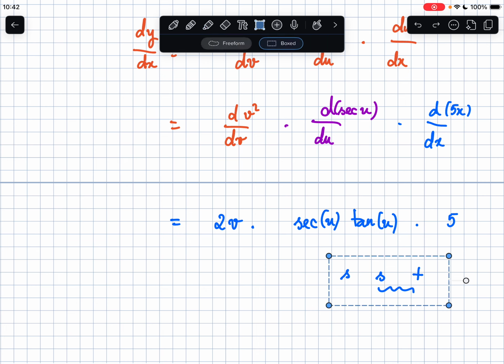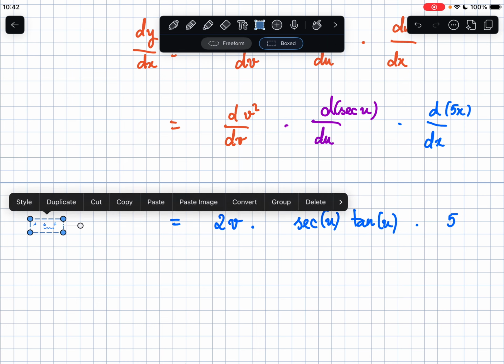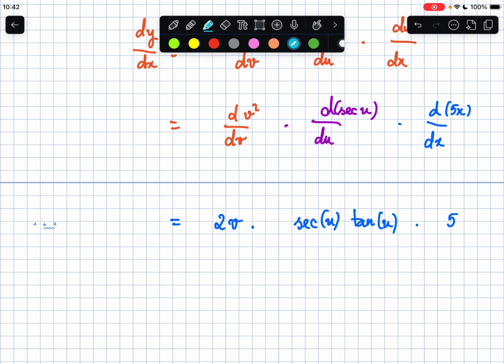I hope you understand this step. The red one here goes to here, this one goes to this one, and this one goes to here.